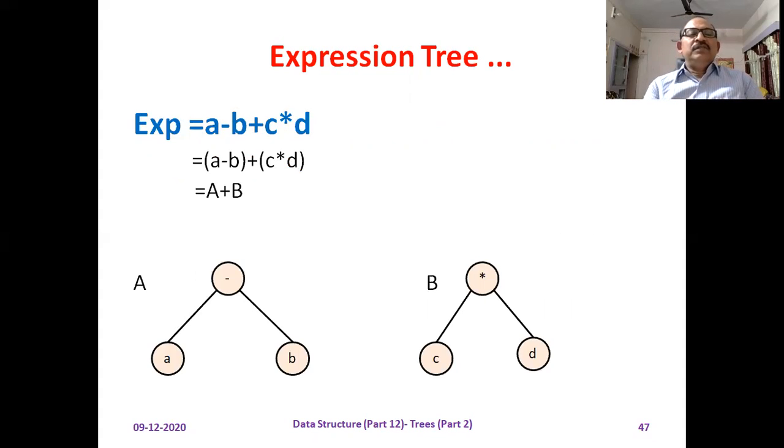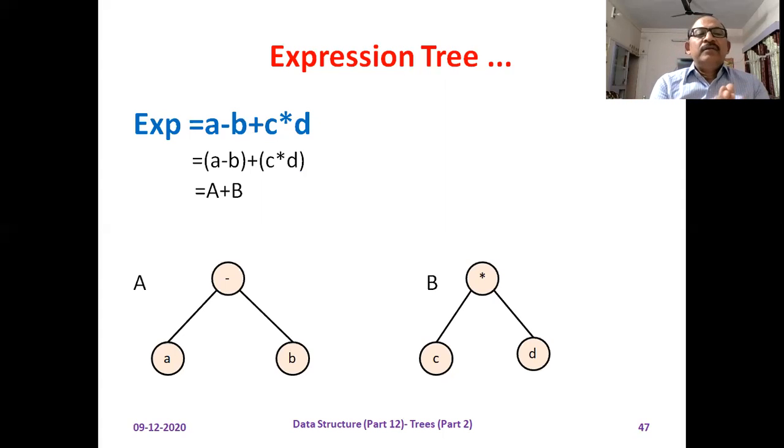Suppose the expression is a minus b plus c into d. Now break this expression into elementary expressions with the help of the left and right parentheses, keeping the operator precedence in your mind.